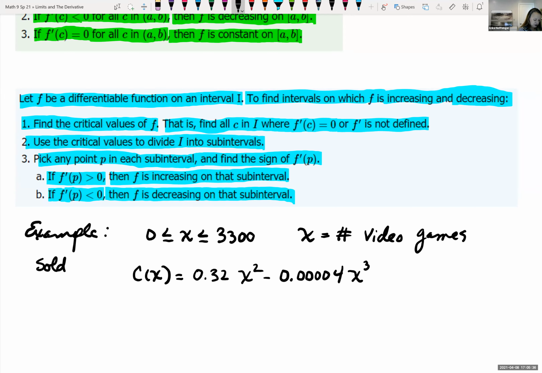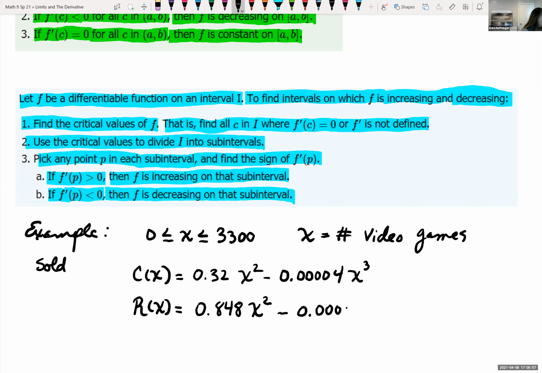Our revenue function, R of X, is given to us, and this is equal to 0.848 X squared minus 0.002 X cubed. There are 3 zeros after the decimal.